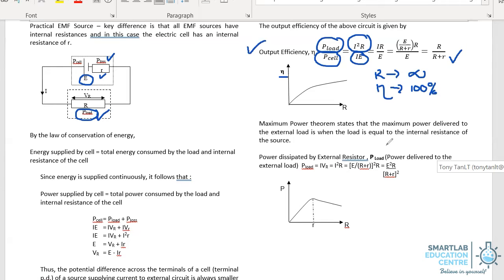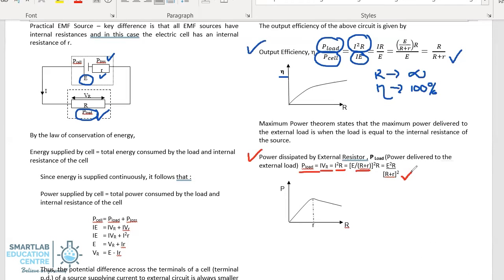Let's take a look at an alternative way to maximize the power. The alternative way to do that is to derive the power dissipated at the load in terms of capital letter R and small r. In the same way that we did for the earlier one, we start with P equals IV, and then we have I squared R, and we replace the current with E divided by R plus r.